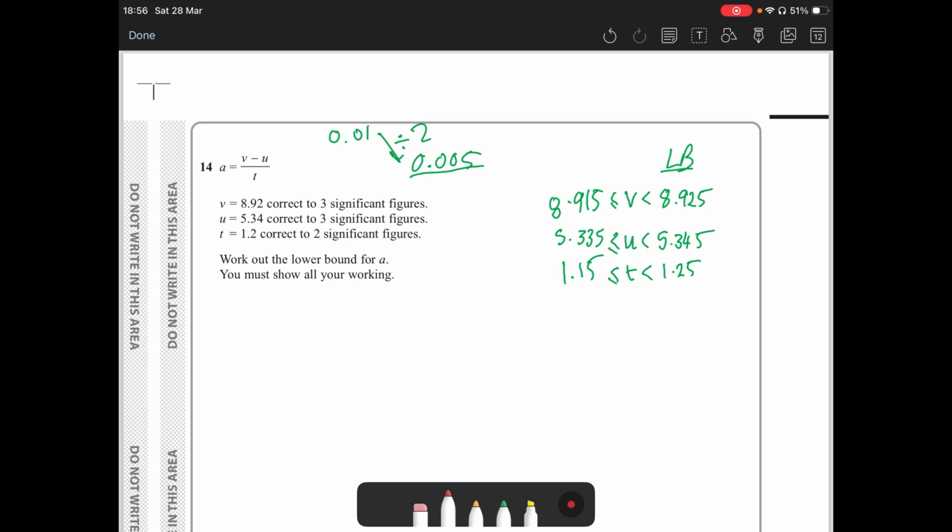When it says lower bound, you are allowed to mix and match whatever number you want for v, as long as it's between these two regions. The same for u and the same for t, right? We're allowed to pick any number within that inequality for v, u, and t. But the objective is we want the smallest possible value of a.